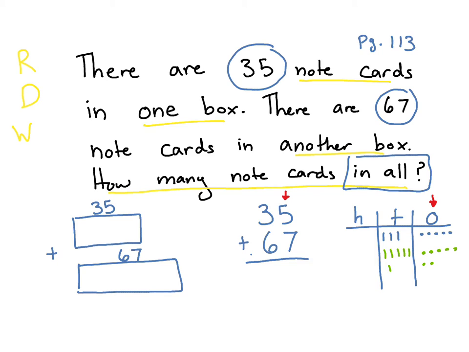Don't forget, just like yesterday, if you get 10 in any column, you have to move it over. So, do your best to solve this. Pause the video, and when you're done solving this, unpause and we will move on to the next page.